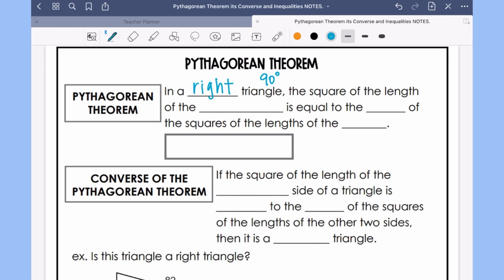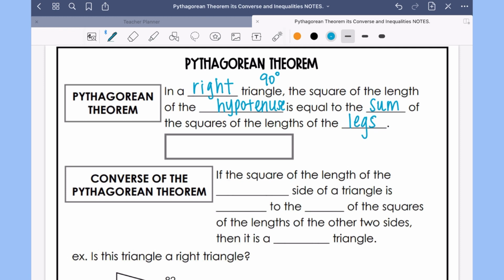And what the Pythagorean theorem says is that the square of the length of the hypotenuse is equal to the sum of the squares of the lengths of the legs of the triangle.